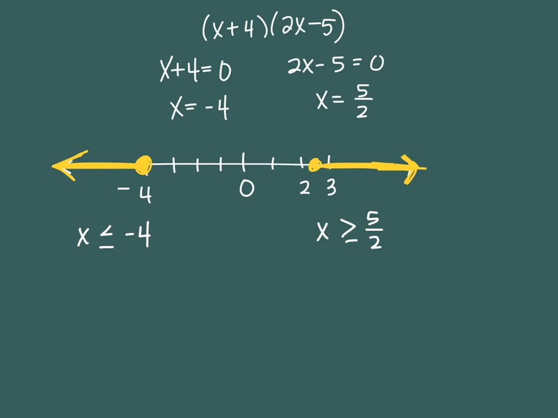And in interval notation, we start it with a hard bracket at 5/2 and show that it goes all the way to positive infinity. In the other interval notation, we'll end it at -4 with a bracket and show that the soft side is on negative infinity. So you should be able to answer your problems in 3 ways: the number line way, the inequality way, and the interval notation way.